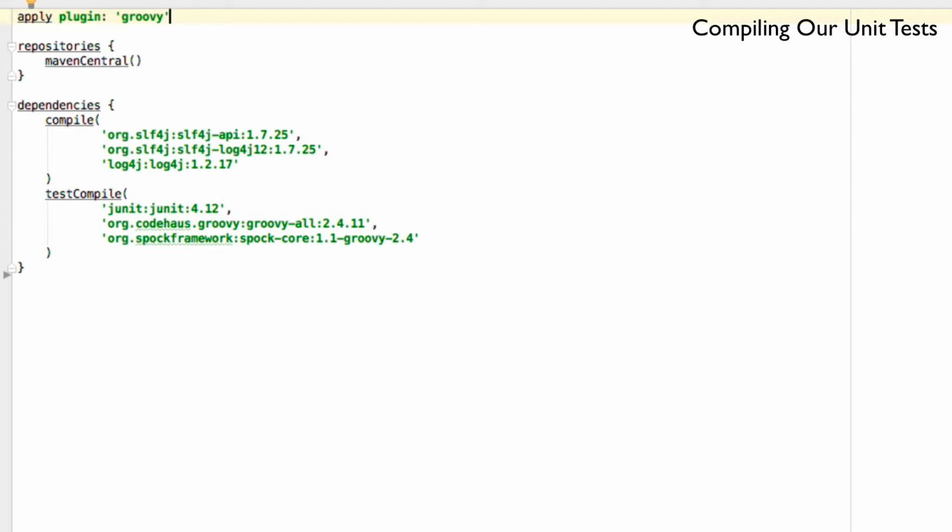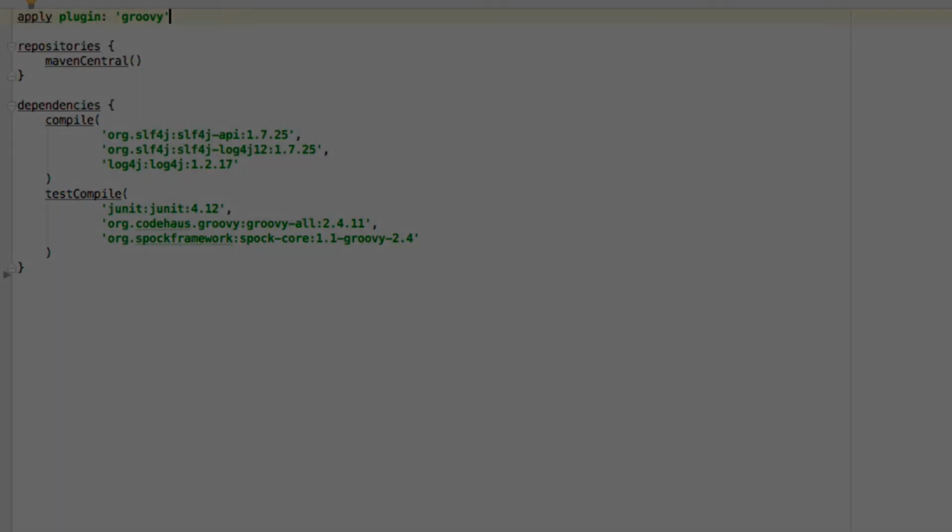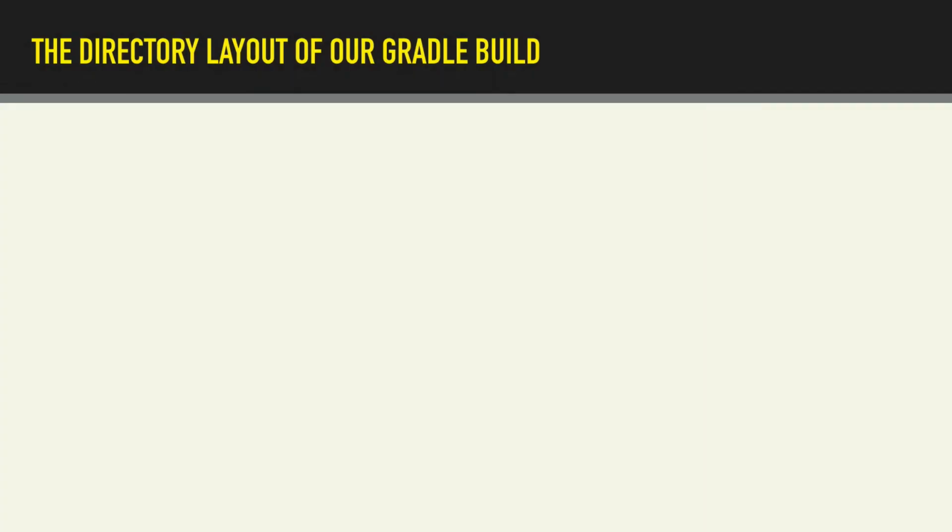The directories that are relevant for this lesson are described in the following. 1. The src/main/java directory contains the source code of our application. 2.